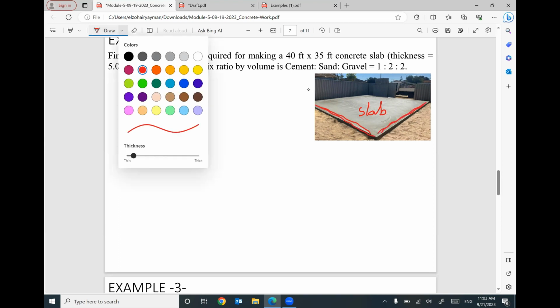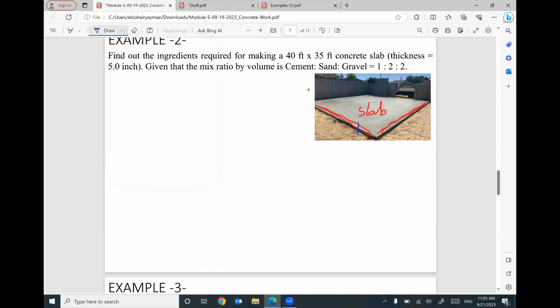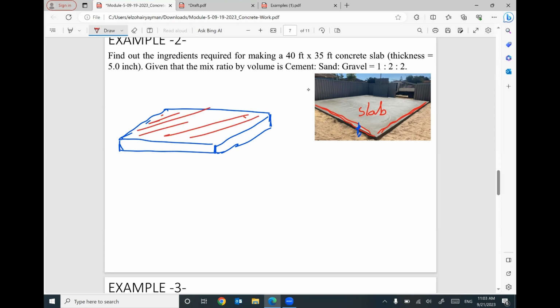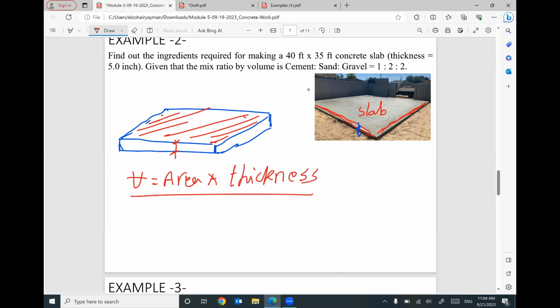And this slab at the same time has a thickness. The same idea as the cylinder. So if you are able to figure out the area of the slab, this area is constant throughout the thickness of the slab, then the volume of concrete to be used to pour this slab equals area times thickness. That makes sense? This is for the slab.